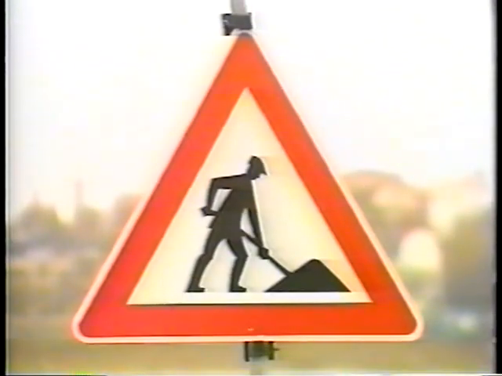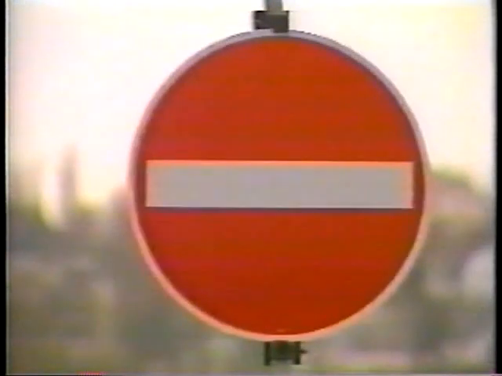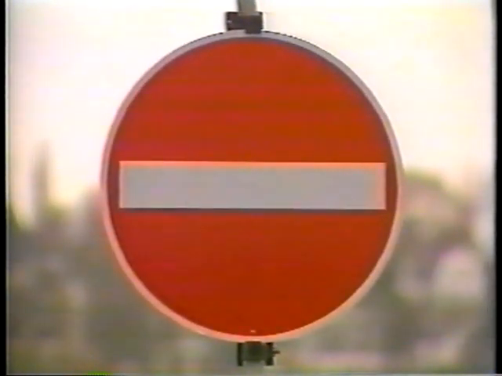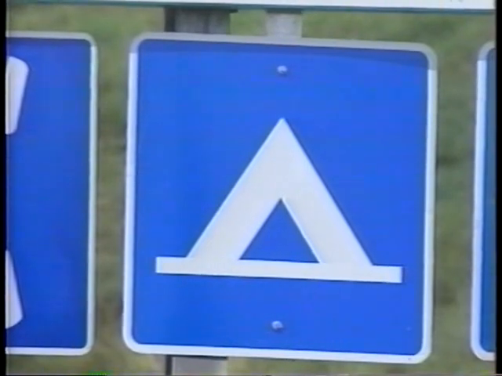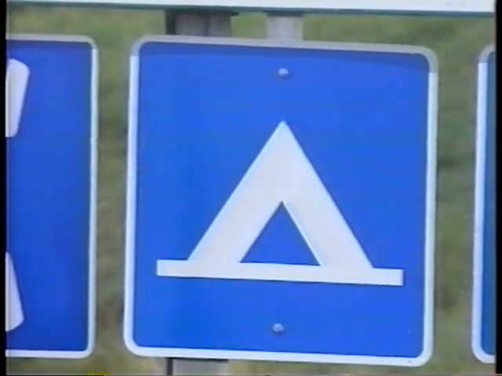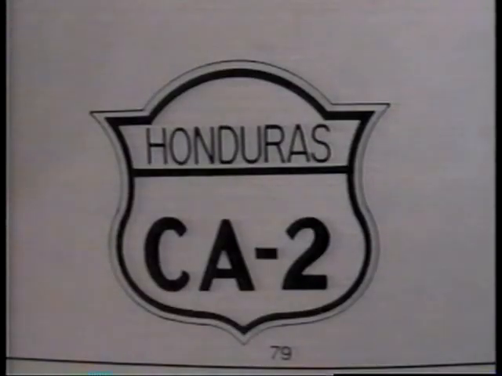Specific elements are applied to the design of traffic signs to assist with driver understanding of the intended message. The design elements of each system are color and shape.